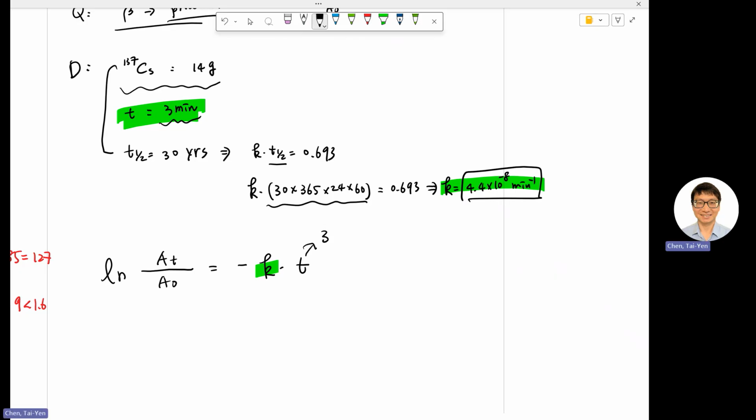Not exactly, because when you put the number into the equation, it has to be either the mole or the number of atoms. It cannot be the mass. Right now the information we got, 14 grams, is the mass of the sample.